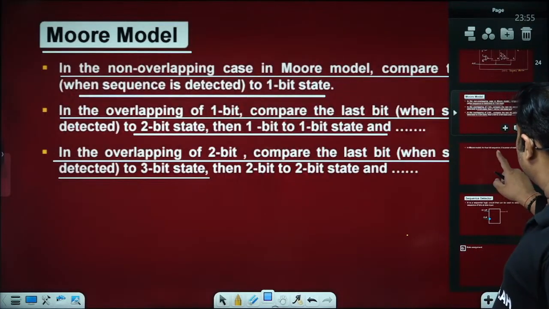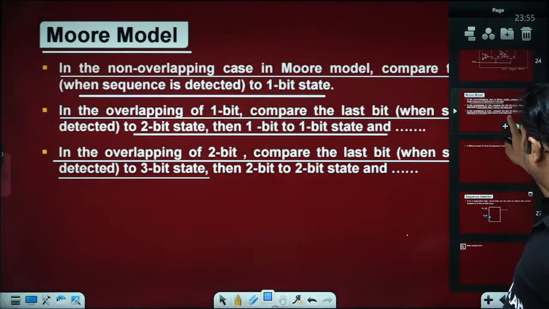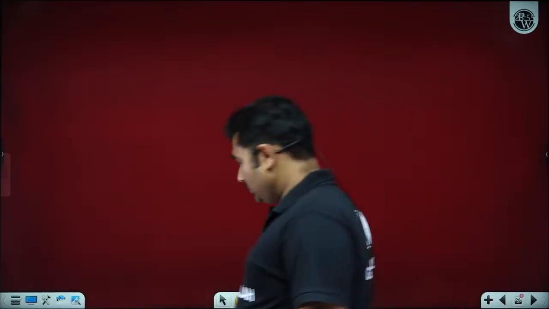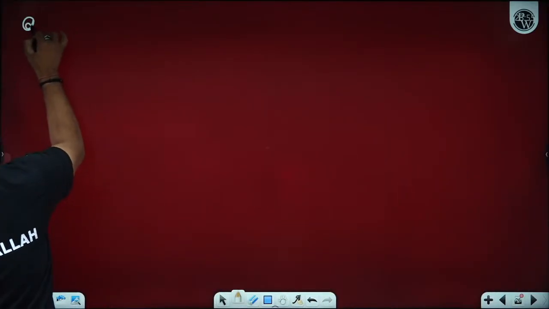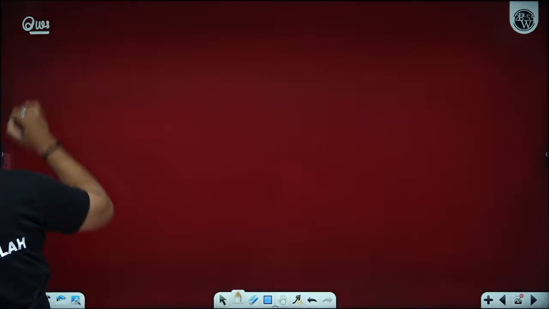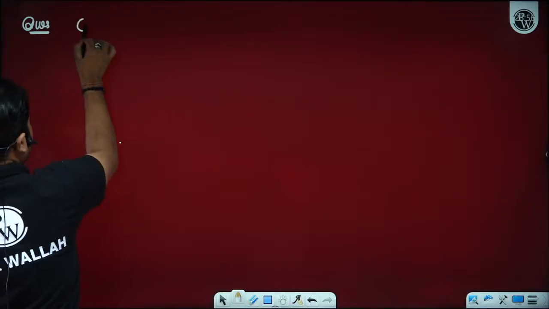First, let us discuss one question. To design a state diagram, let's take an example to understand.